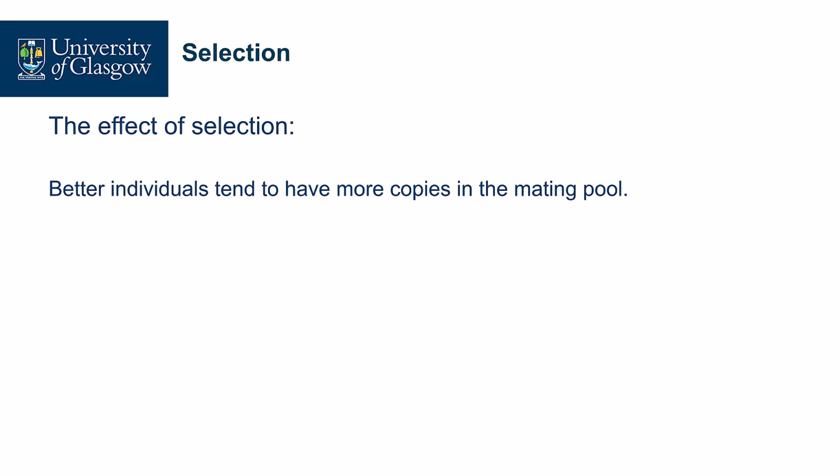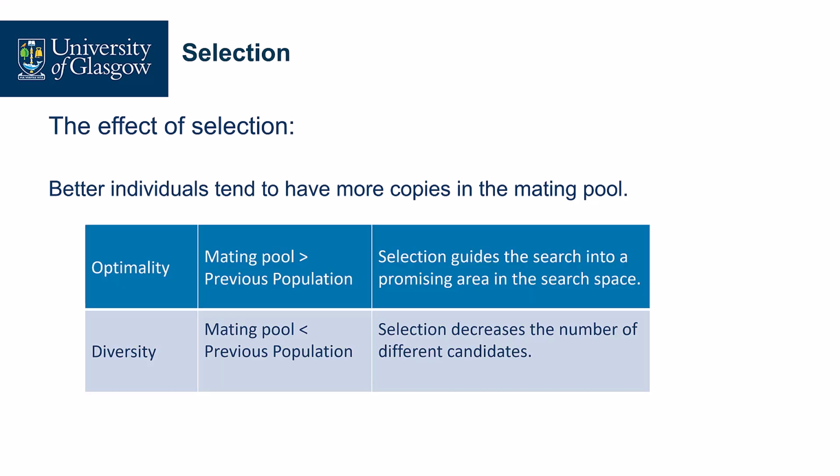One of them is called optimality, and the other one is called diversity. Considering optimality, the mating pool is better than the previous population. This means the selection guides the search into a promising area in the search space because it eliminates the bad ones and remains the good ones.